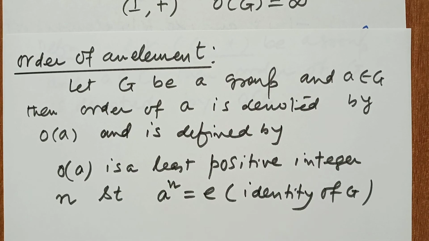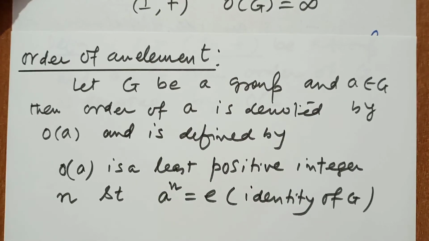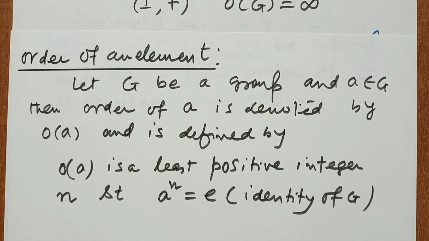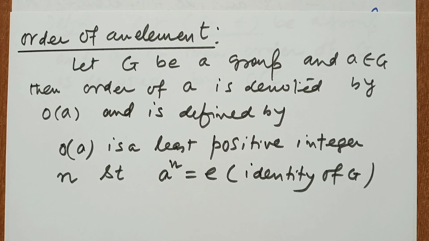Here it is very easy. In general we explain the order of an element of a group with the operation multiplication. What is the operation? Generally we will use multiplication. So I am going to explain some examples.